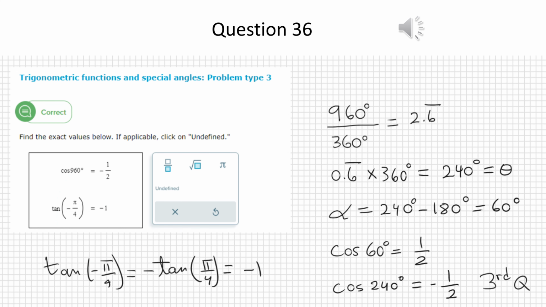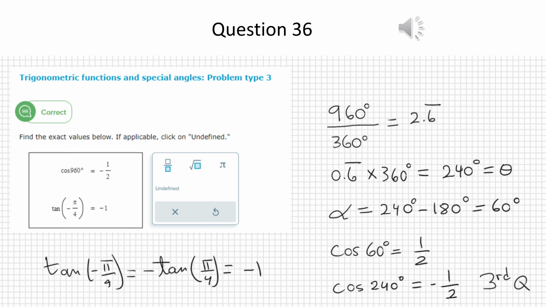Well, you have 960 degrees divided by 360 is 2.6. Repeated. You take the fractional part, the decimal part is 0.6. Multiply again by 360, and we have 240. 240 is coterminal to 960.